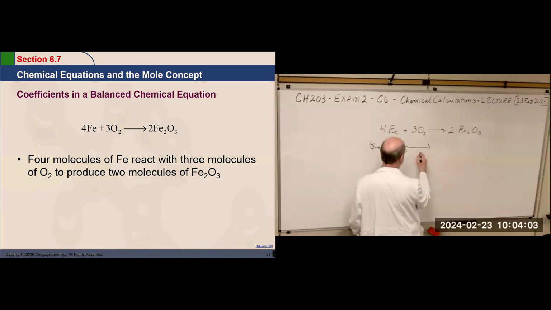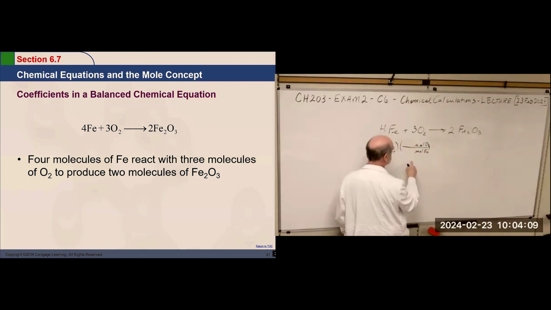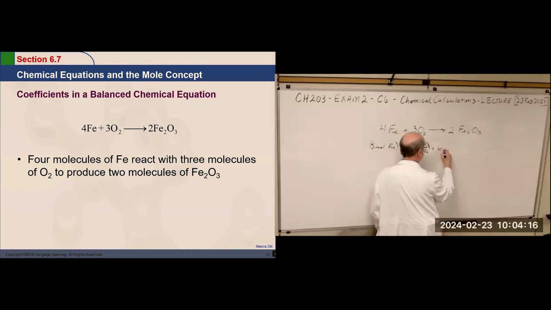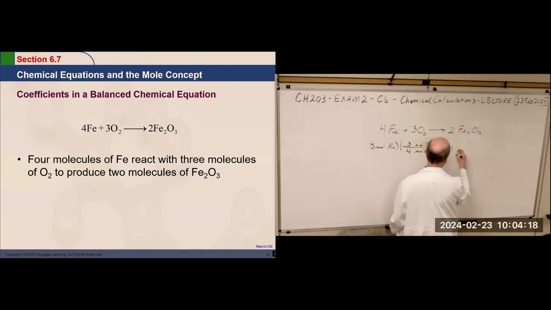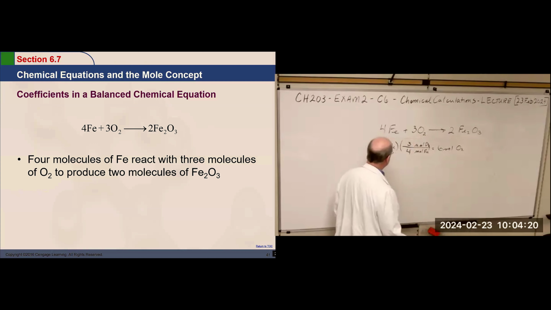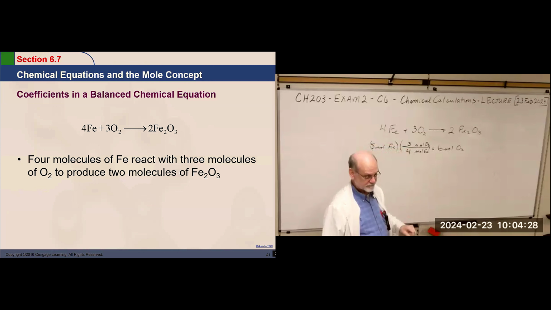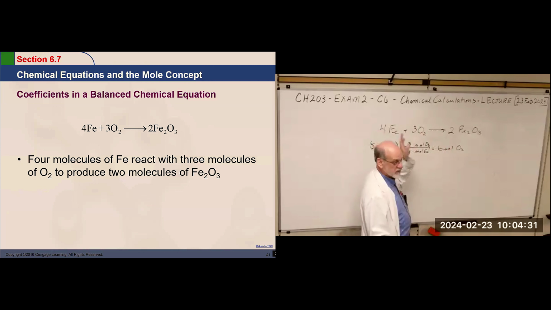All we have to do is convert moles of iron to moles of oxygen. And the ratio is 4 here and 3 there. So that comes out to 6 moles of O2. So if we have 8 moles of iron, it's going to take 6 moles of O2. These ratios can be used as conversion factors. You can go anywhere in the equation as long as you're in moles.